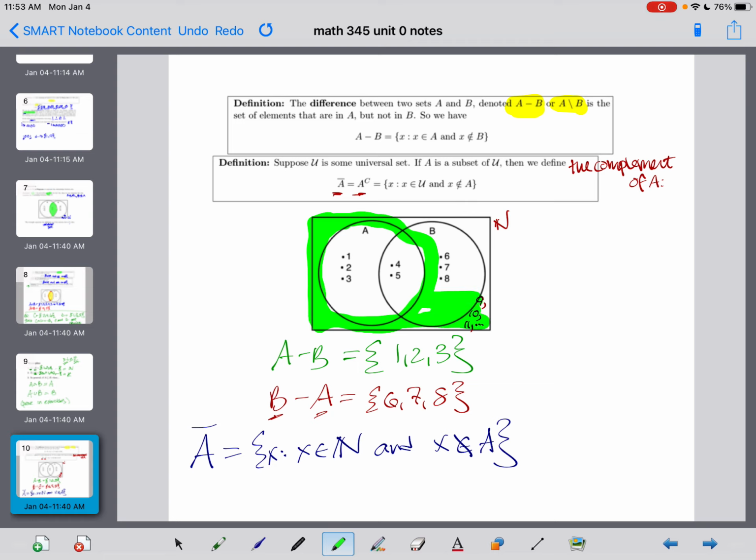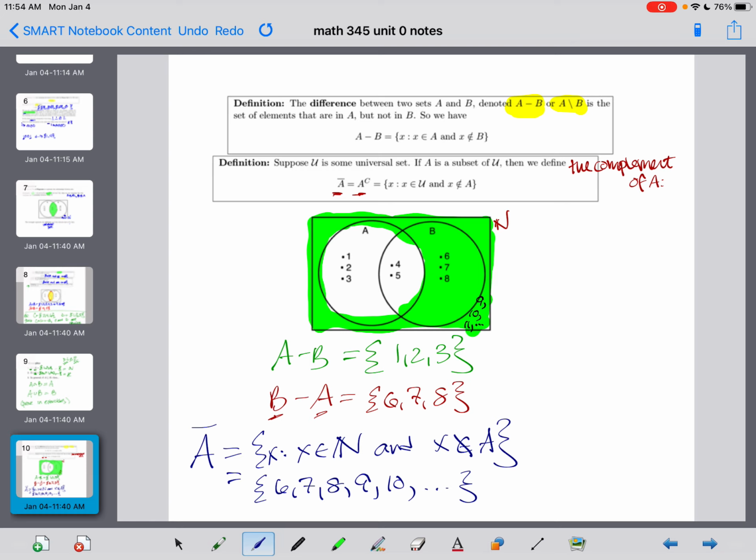Some of that stuff is going to be in B as well, and some of it is not, but in particular, you just get everything outside of the A circle. So you get every natural number except 1, 2, 3, 4, and 5. So we would get 6, 7, 8, 9, 10, and at this point I'm just going to use ellipses to express the fact that we will continue infinitely after this point.